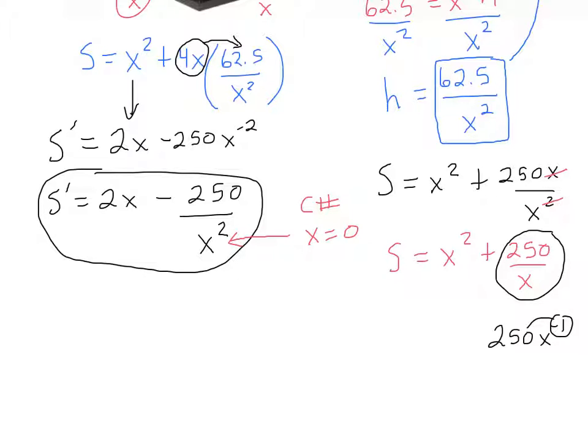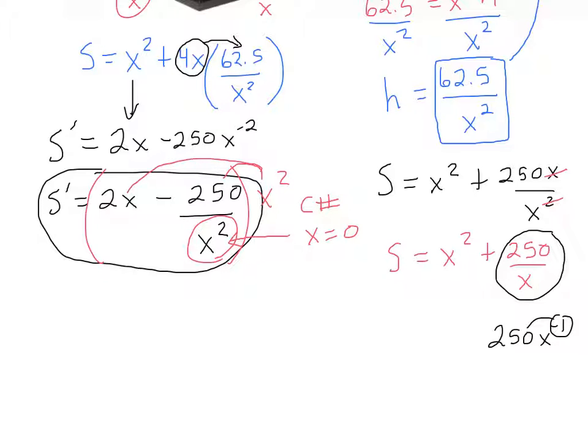To solve it, here's what I'm going to do. I'm going to multiply both terms by x squared first. And the reason I'm doing that is I'm trying to get rid of the what? The denominator, right? So I'm going to multiply the x squared here, and I'm going to multiply the x squared here.